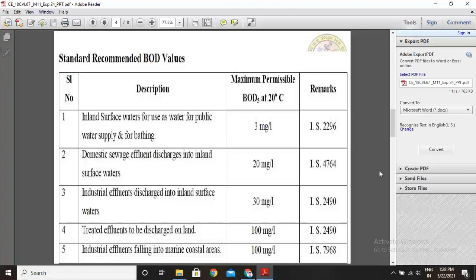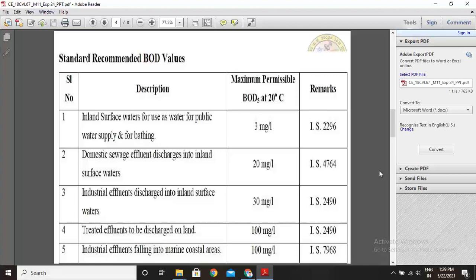If domestic sewage effluent is discharged into inland surface water, then the maximum BOD is 20 mg per liter as per IS 4764. Industrial effluents discharged into inland surface water: the maximum BOD is 30 mg per liter, as per IS 2490.